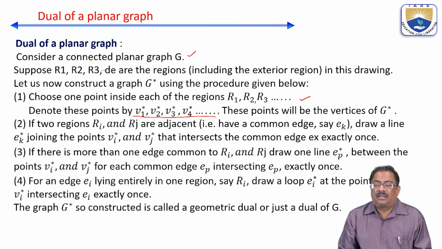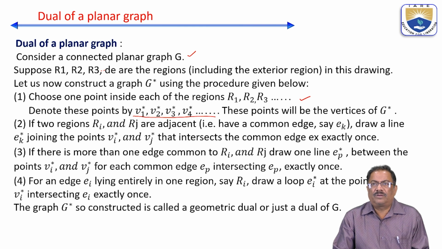Suppose there are n regions, then we get n vertices. If there are 5 regions, we get 5 vertices in the dual of the planar graph. So that is the first main concept.